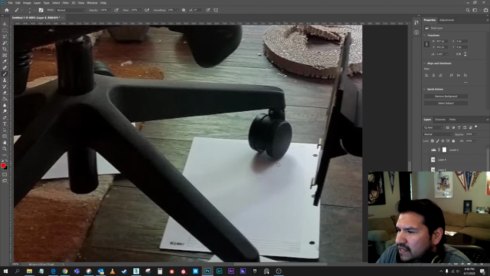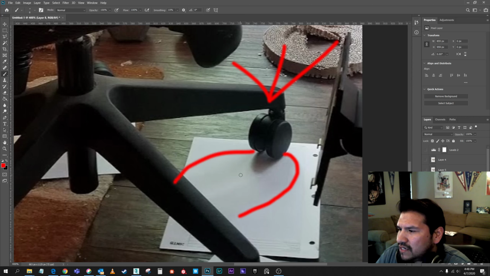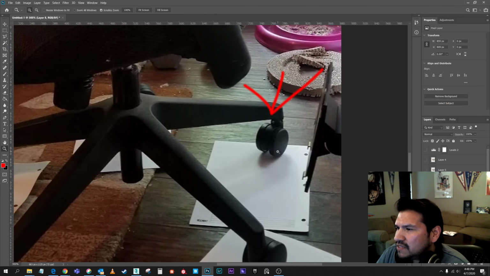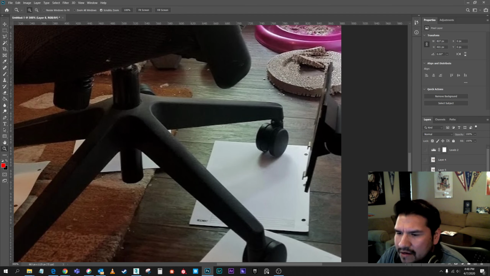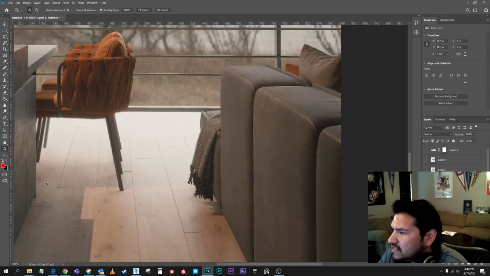If you notice this black right here, that's all coming from this sunlight right here. Then you have subsequent bounces that are contributing to all this extra area here, and then you've got a very tiny bit of ambient occlusion going on right there. So that's what's happening in reality, and some of the things we're not seeing quite enough of.